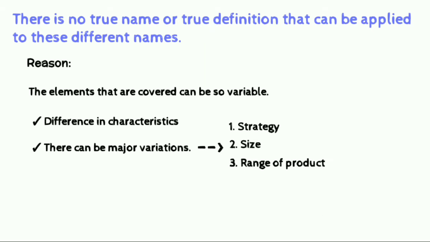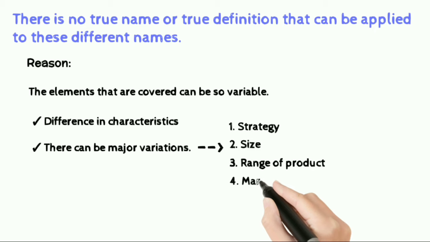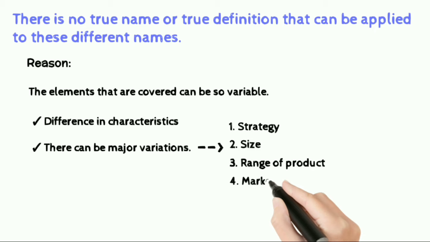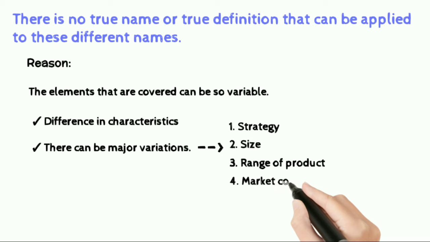Next is also the range of product. The range of product varies from one business to another. Merong mga nagbebenta ng clothing, may mga nagbebenta ng food, may mga nag-o-offer ng services, etc. And aside from the three, we can also say that they vary in terms of market coverage, di ba?